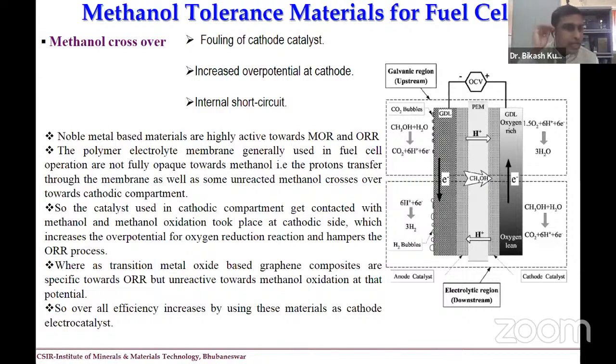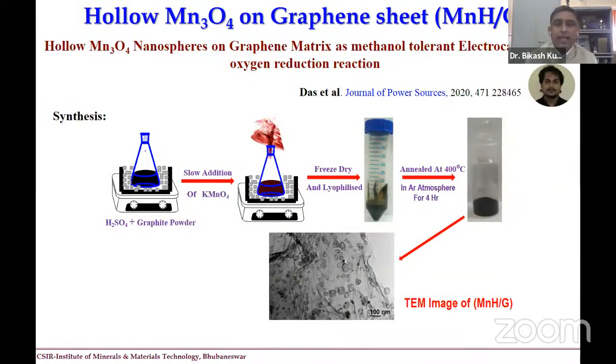In that race, we tried to develop a material to avoid this methanol crossover. Here we have developed a manganese oxide based material as a highly methanol-tolerant oxygen catalyst, so that it is tolerant to methanol but active towards the oxygen reduction reaction.